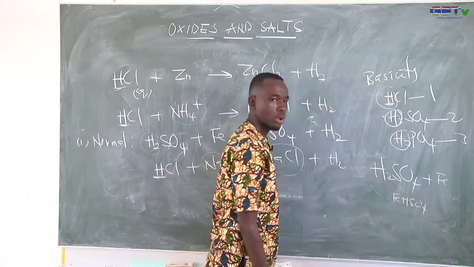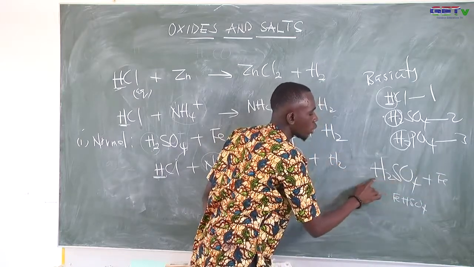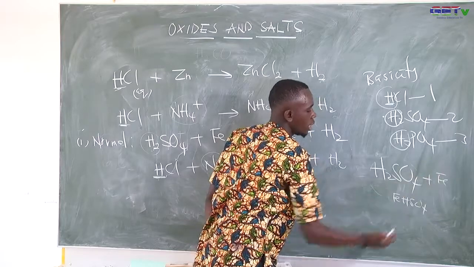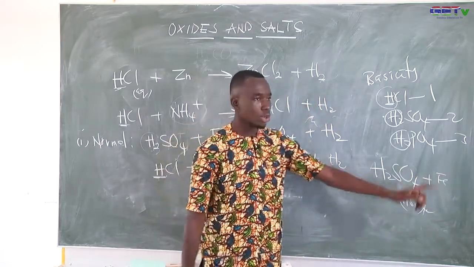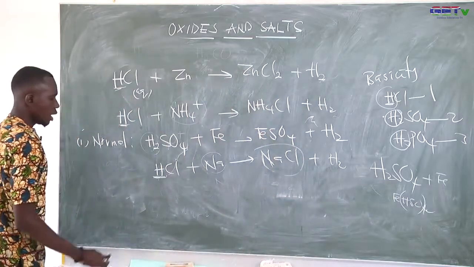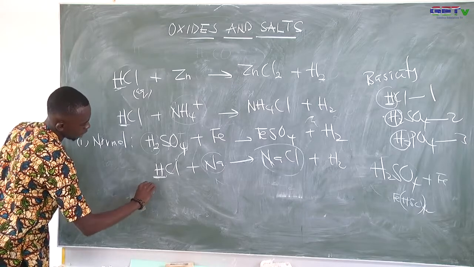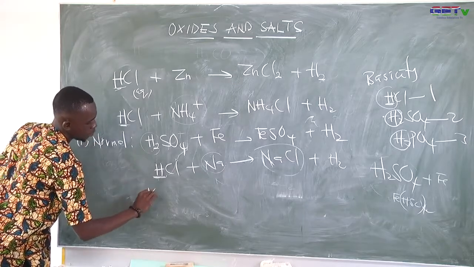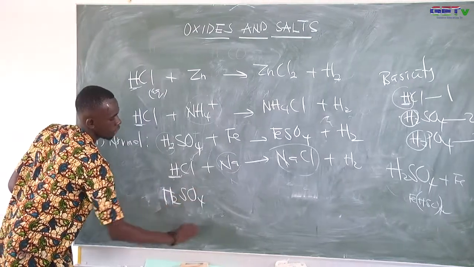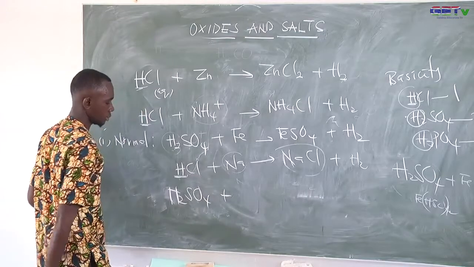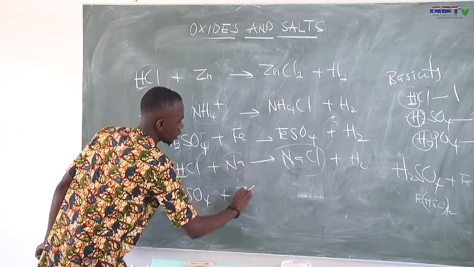You can still have FeHSO4, which means now this Fe replaces one of the hydrogen ions in this acid, and then you'll have something like this to complete the salt. Now, to have a proper example, we can have H2SO4 plus, we can react this with, let me use potassium.